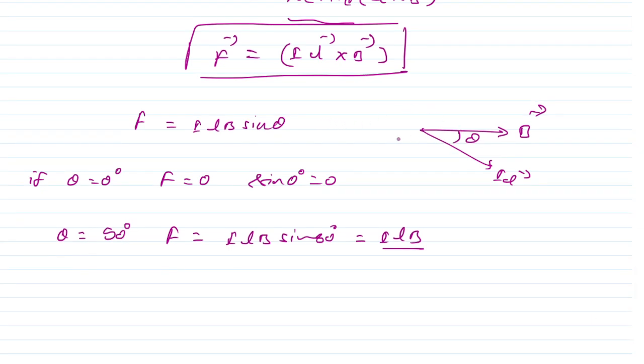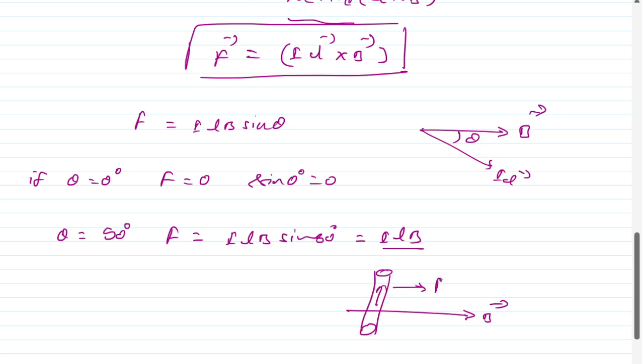So when the conductor which is carrying current I is placed along the magnetic field, parallel to the magnetic field, then there will be no force acting on it. But the same conductor, if it is placed at a 90 degree angle with the magnetic field, say the magnetic field is in this direction and the conductor is placed perpendicularly, then it will experience maximum force, and the direction of force is given by the cross product.